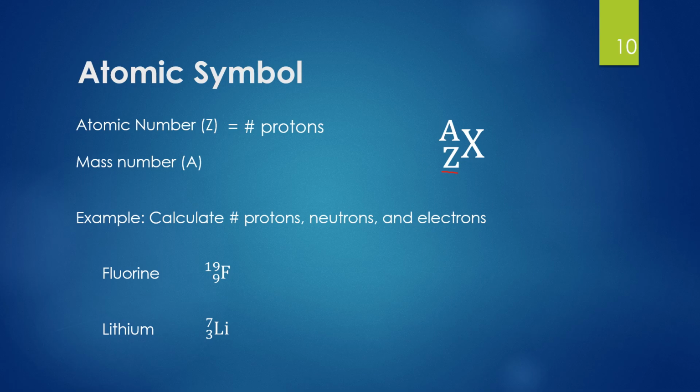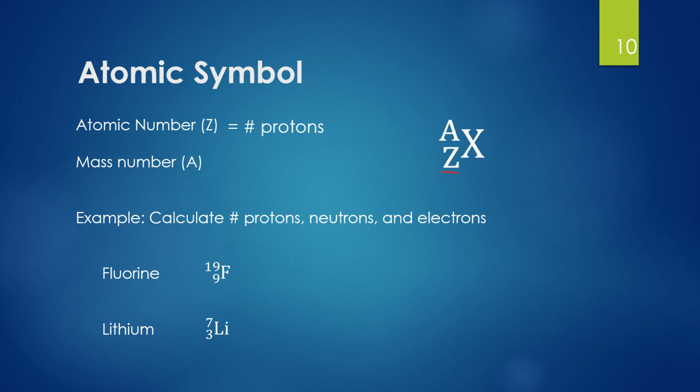For example, if I was talking about oxygen, all oxygen atoms are going to have 8 protons, no matter what. If you change the number of protons, you are then changing the identity of that atom, and it will no longer be an oxygen atom. So, since all oxygen atoms have 8 protons, the atomic number for oxygen is going to be 8.